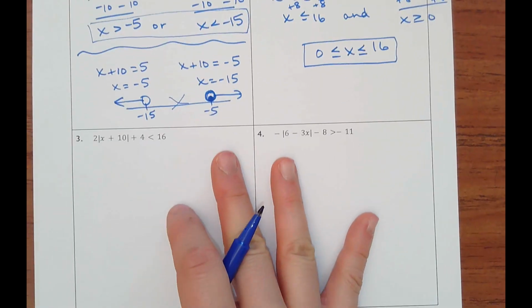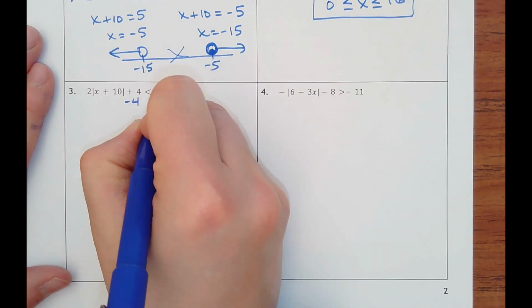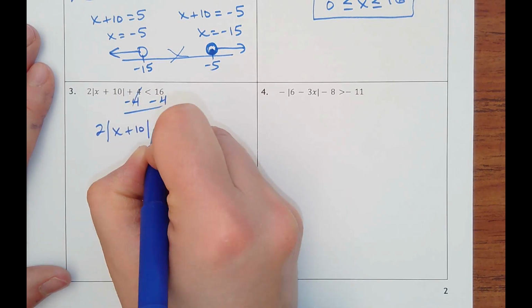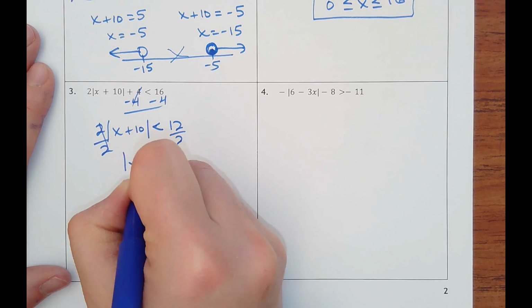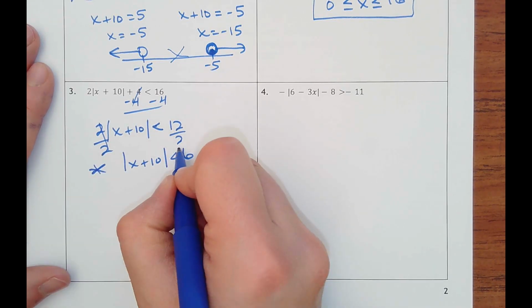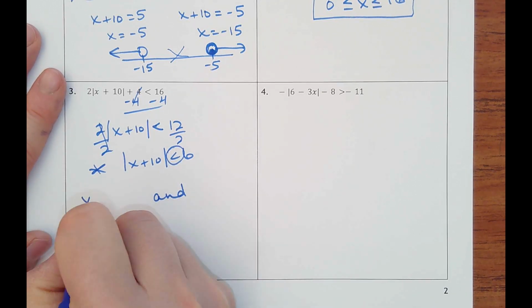All right, number 3, you have to isolate the absolute value. Subtract 4. Divide by 2. This is where you would read it. So since my symbol is saying the absolute value is less than, this is an and problem.